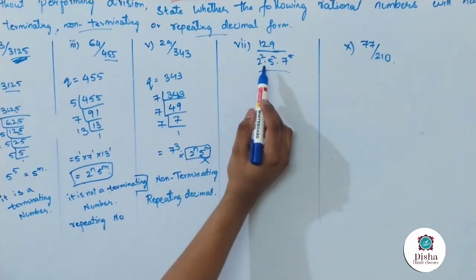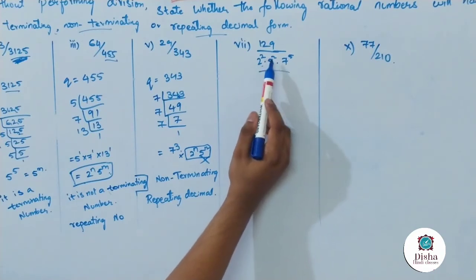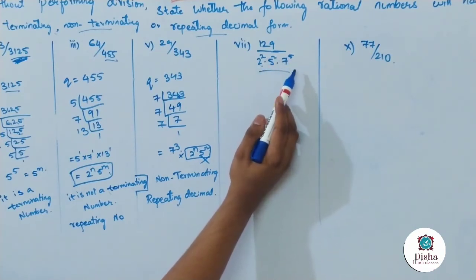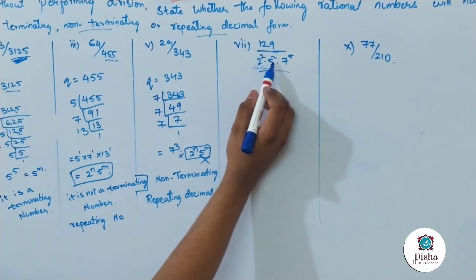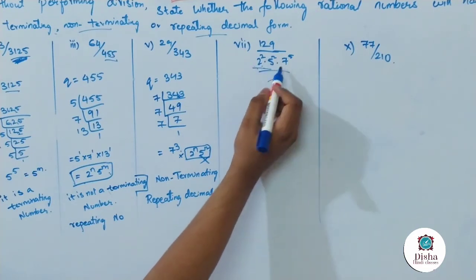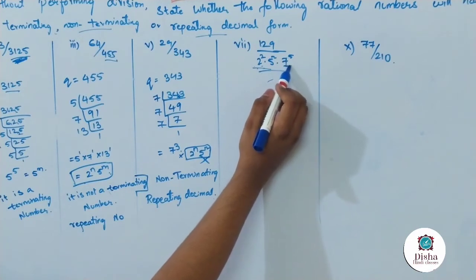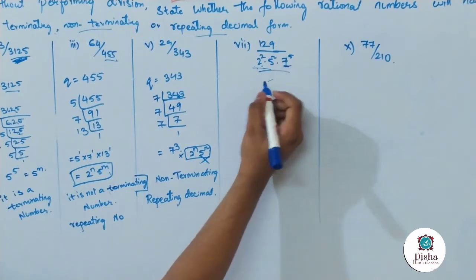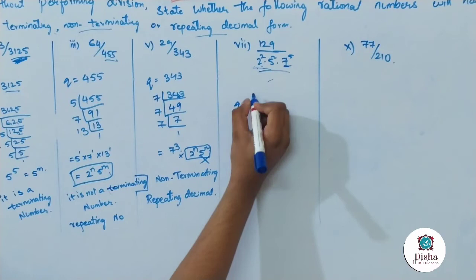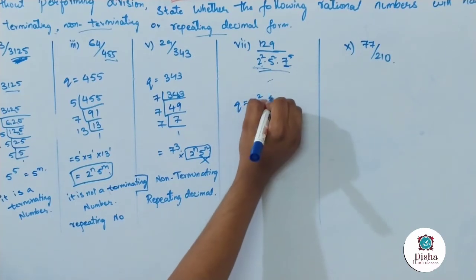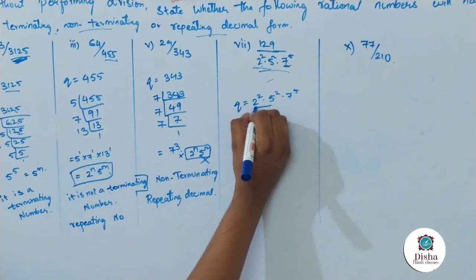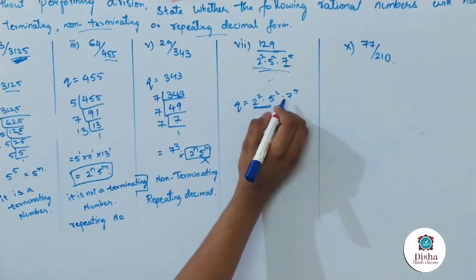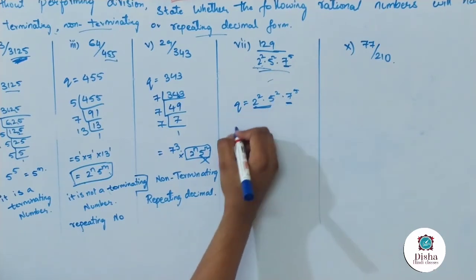Then this is the easiest question here. It is directly given: 2 power 2, 5 power 2 and 7 power 5. So don't make the mistake of thinking that if the 2 power n into 5 power m form is present, then we can ignore 7 power 5. We can't ignore it. So q equals 2 power 2 into 5 power 2 into 7 power 5. We only want 2 power 2 into 5 power 2, but we have 7 power 5 also.